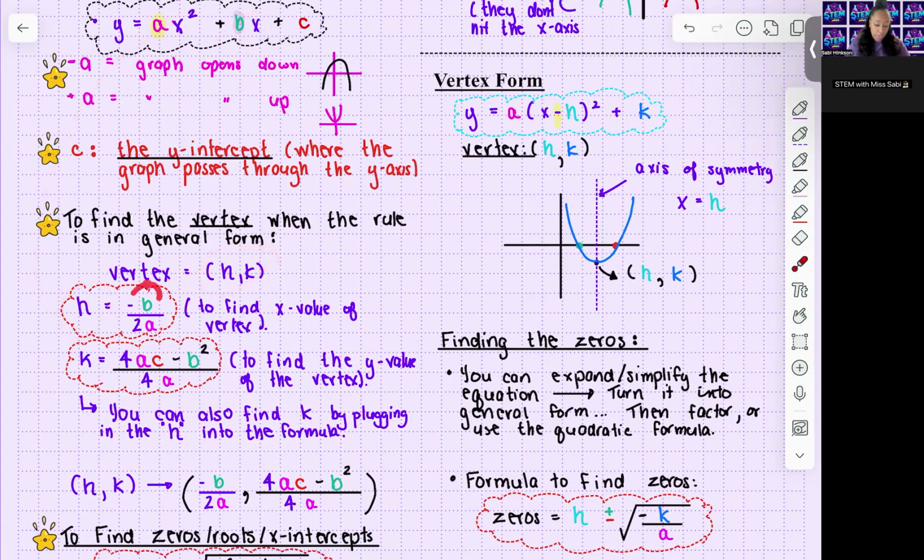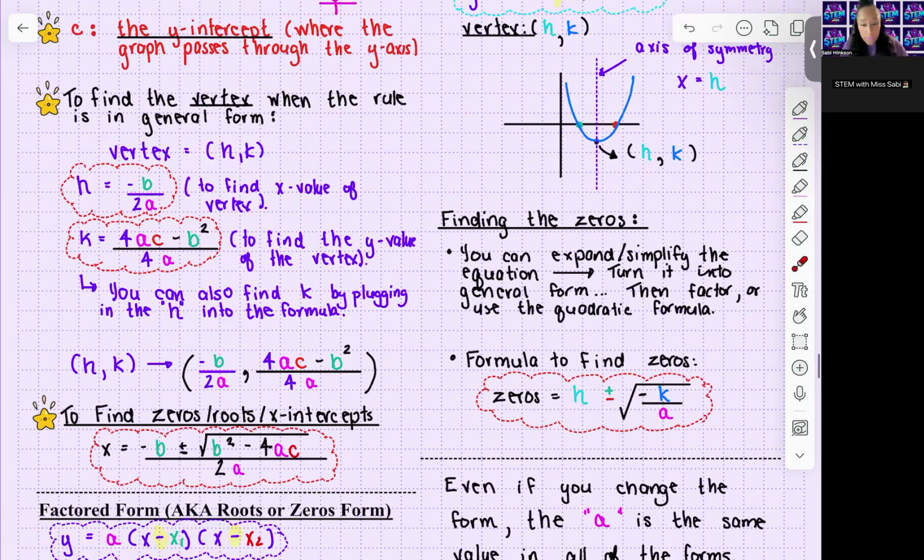Once you take out these values and you know what they are, substitute them into here and find the x value of your vertex. And there is a formula for k, but it's crazy. All I tell my students is, when you find the h, which is the x value, plug it into your original formula to find out what y is when x is the value of your h. Then you'll find your k, okay?